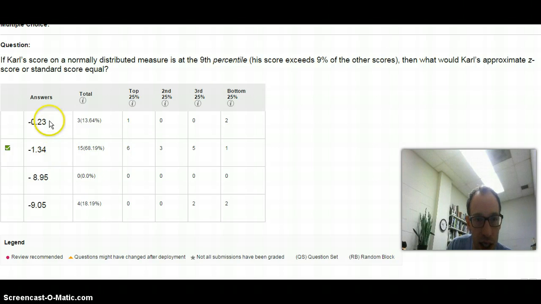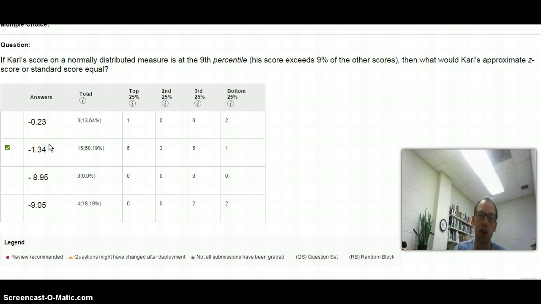Any of these other answers, so less than 1%, would be less than 1 standard deviation. We're not nearly far enough away from the mean. 68% of the data is going to be within one of the mean, and we're certainly not within that 68% that's lumped around the mean.